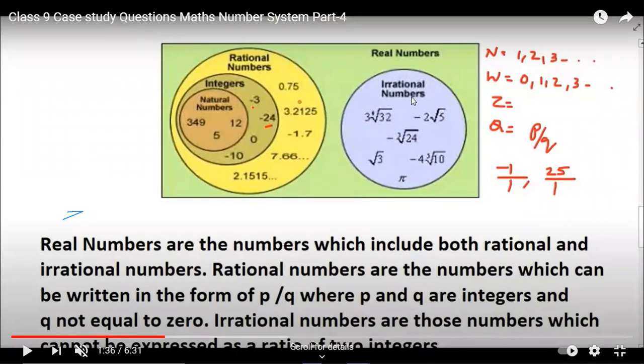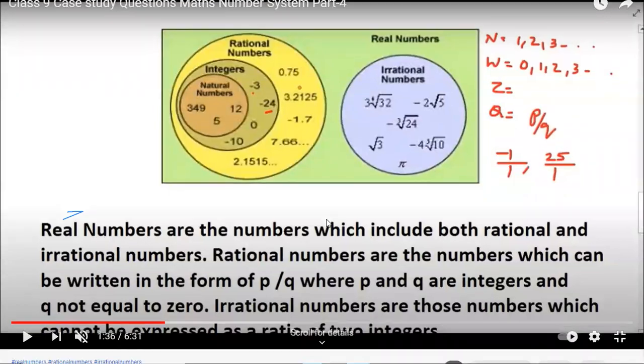Irrational numbers cannot be represented in the form of p by q. If a number can be represented in the form of p by q, it is called a rational number. If it cannot, it is called irrational. And one more thing, the denominator should not be 0 in the case of a rational number.